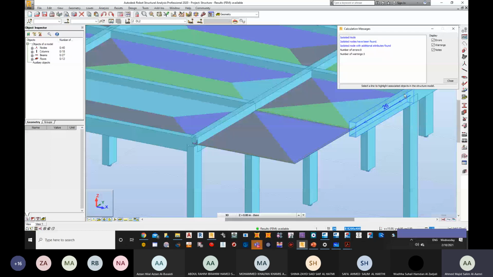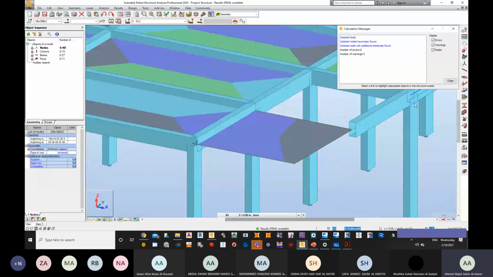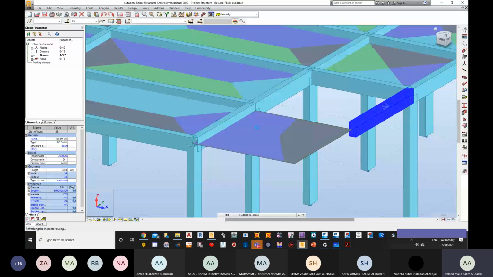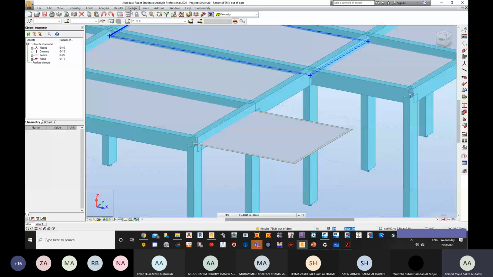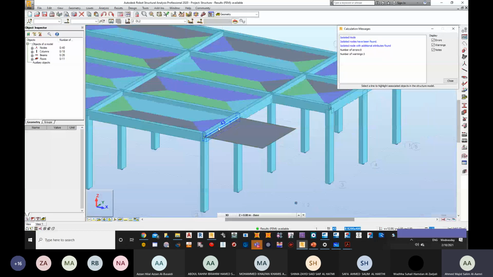Okay. If we are taking it fully, it will be like a cantilever. You can see that the full slab is taken by this particular beam. Okay, so this is the yield line analysis using different software.